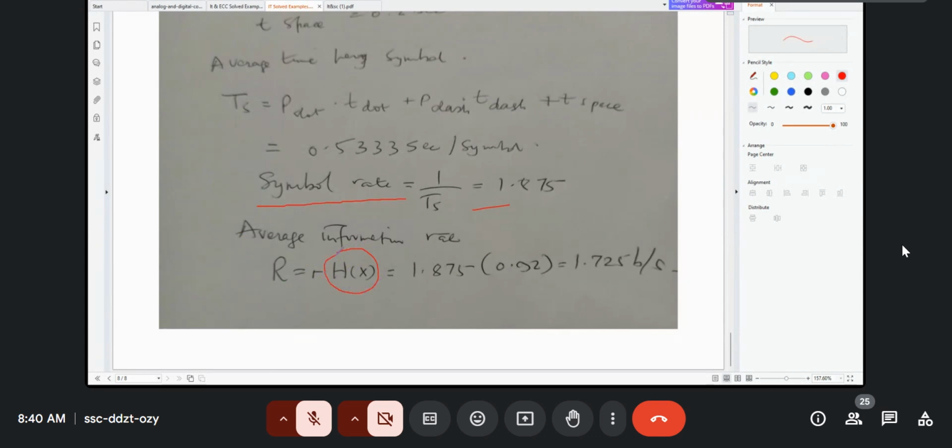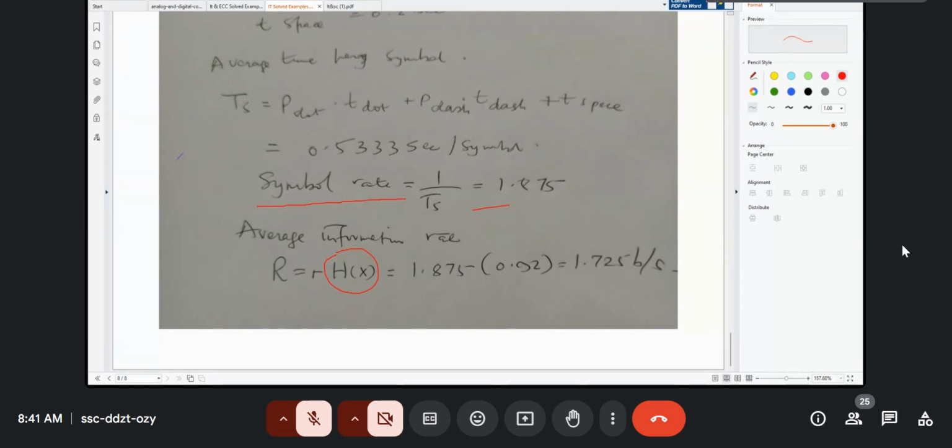In this case, you can see we don't have output entropy and input entropy, so there is no transfer of information, but you can still talk about the average information rate produced by that source. We are not talking about information transfer, and not about mutual information.